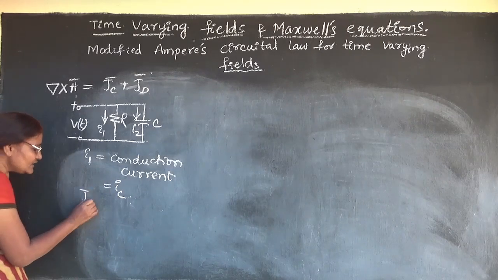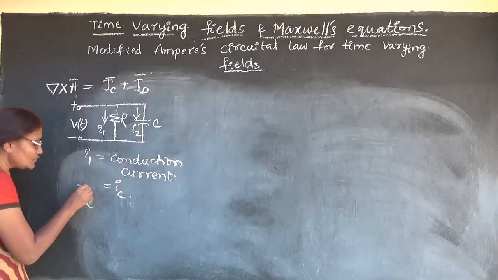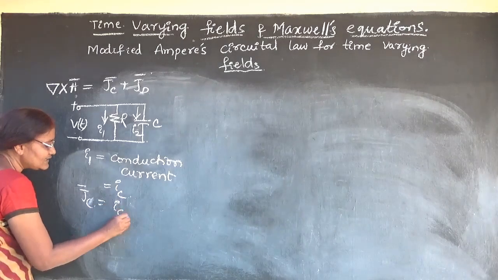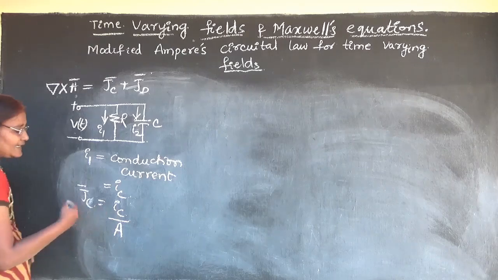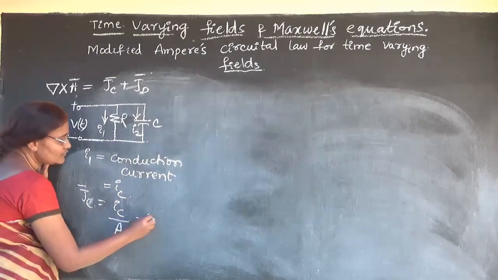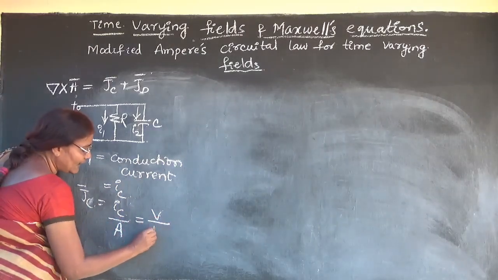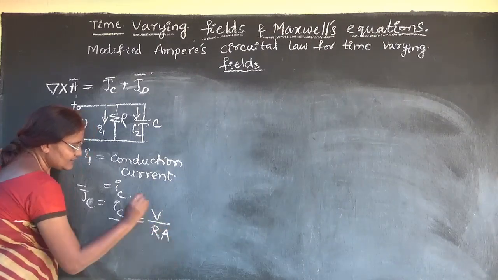So what is my JC going to be? JC bar is going to be IC by area. And what is my IC? IC is going to be V by R. Already area is there.